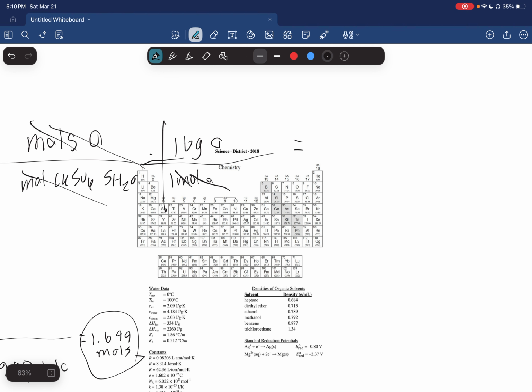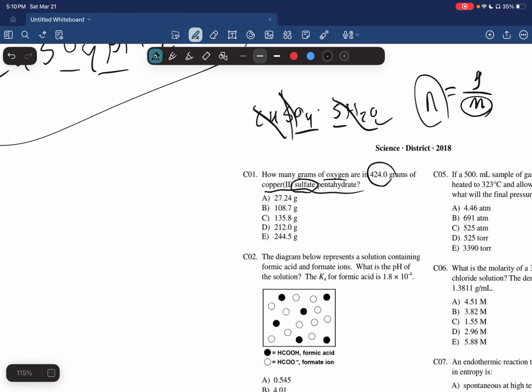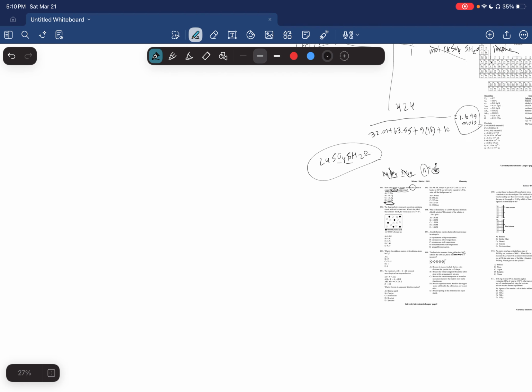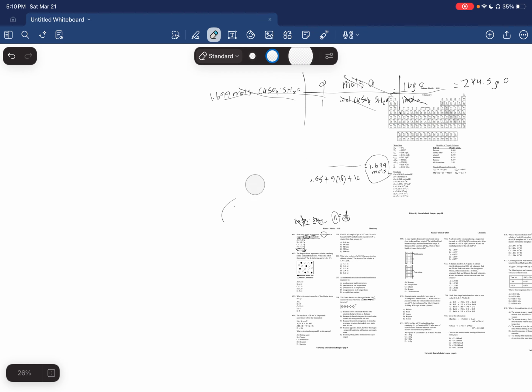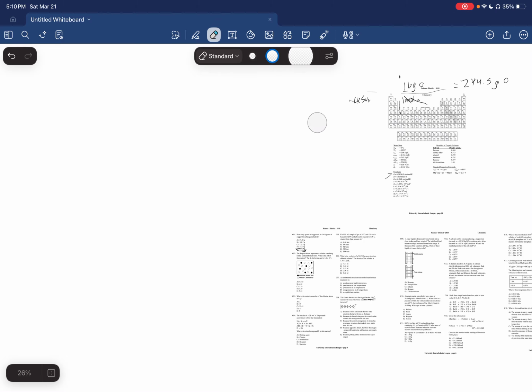So if we take that and multiply it by 9 and 16, we will get 244.5 grams of oxygen as our final answer. And if we come over here, that's answer choice E. So that was just a pretty quick stoichiometry problem. If you know the formula, it shouldn't be that hard. Even if you didn't know the formula, it kind of gives you it down here.